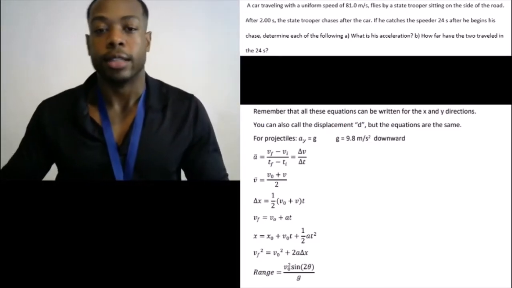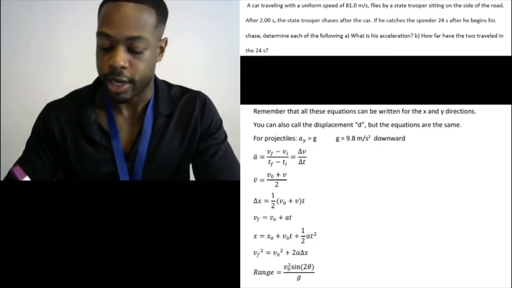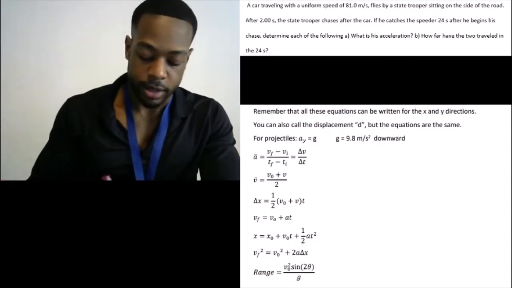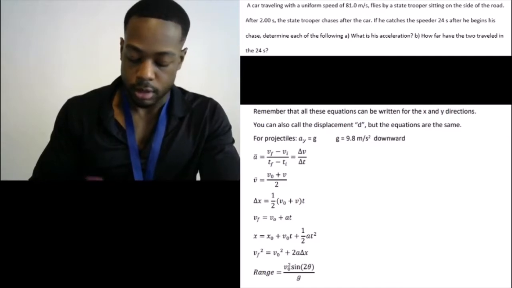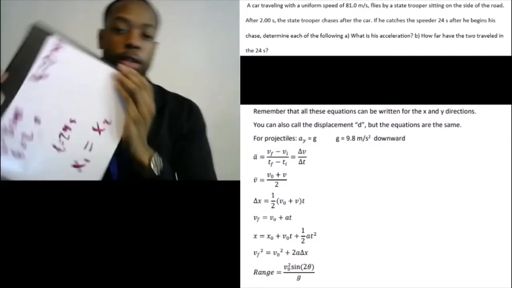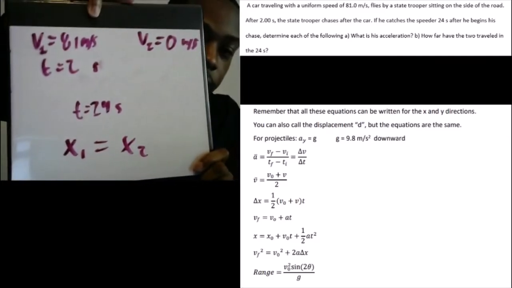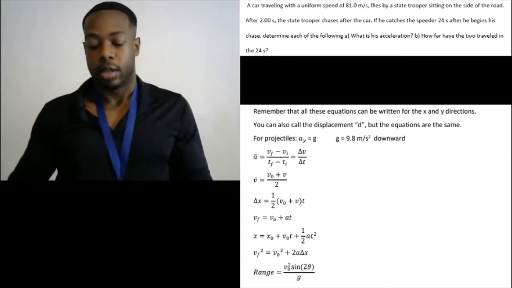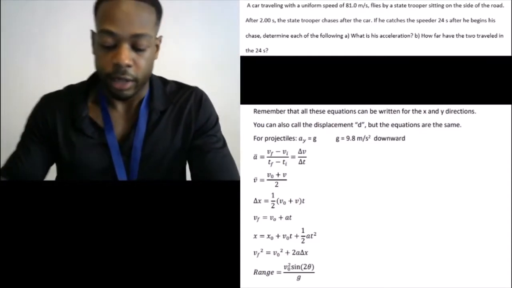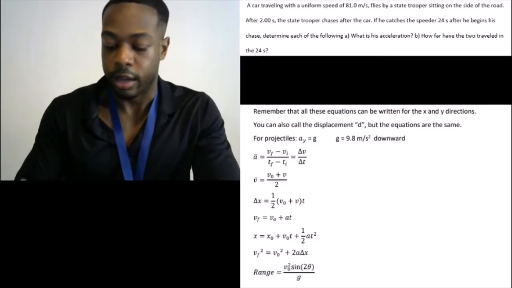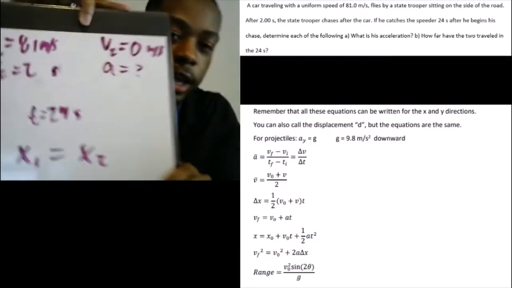They should be at the exact same location, right? So you can set displacement 1 equal to displacement 2. They should have the same displacement after the 24 seconds. We want to know what the acceleration is. I'll write that up here as well, the little a equals question mark.